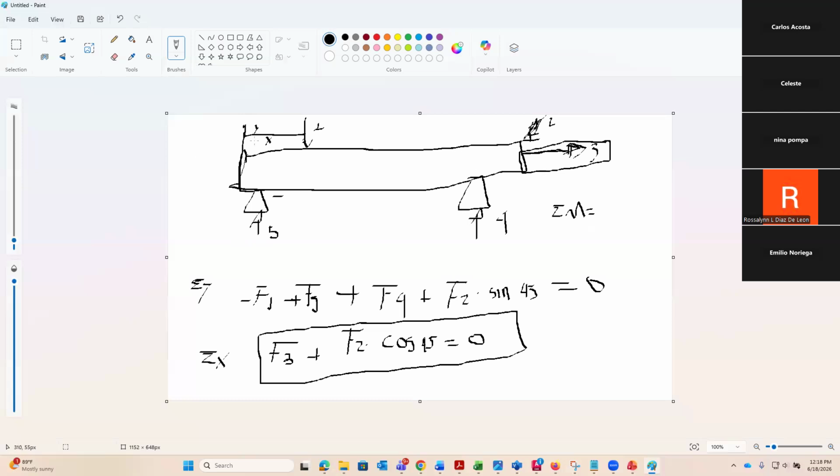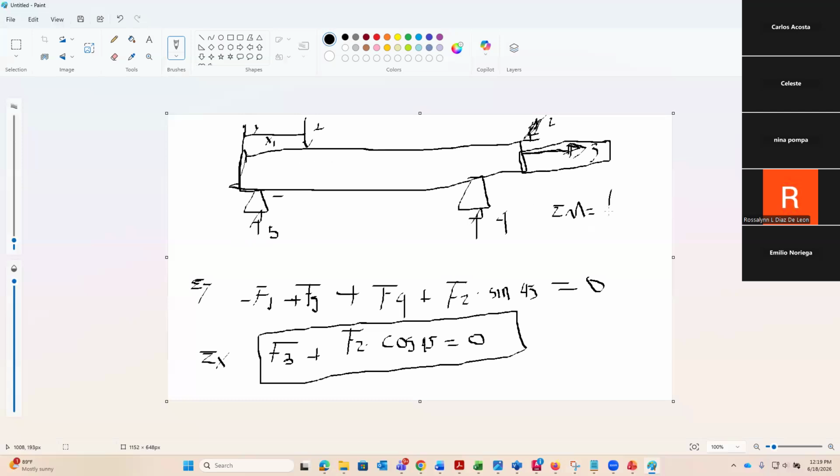So distance perpendicular to that axis is x, and the force parallel to that axis is force 1, and the distance perpendicular to the axis is x1. That's how you know that it's a moment on the y-axis.